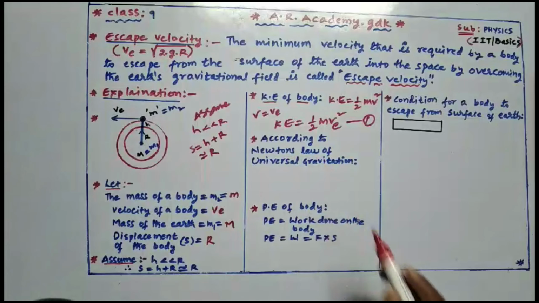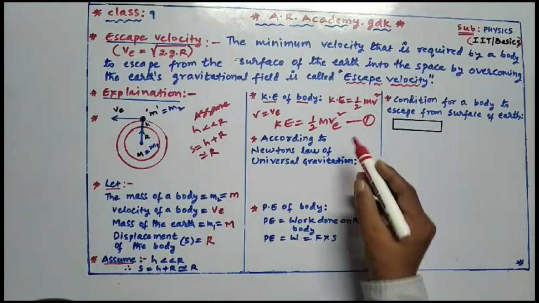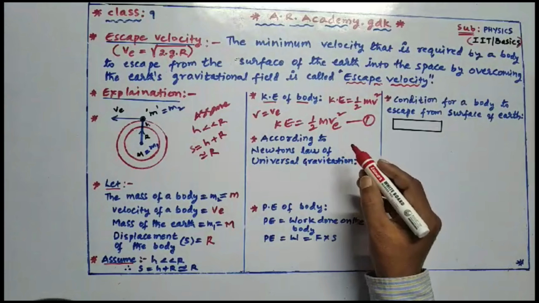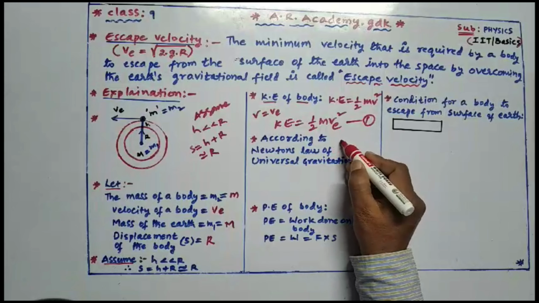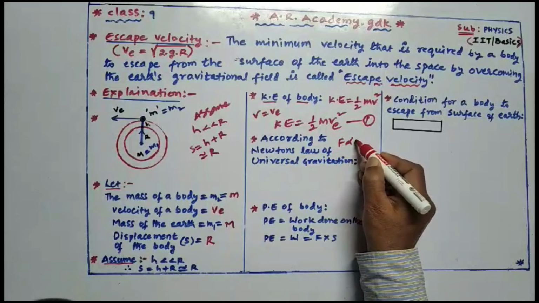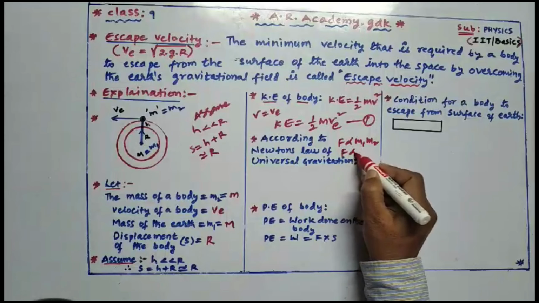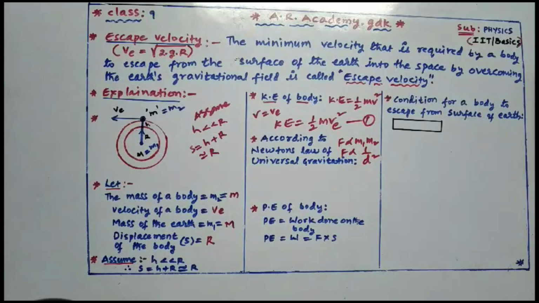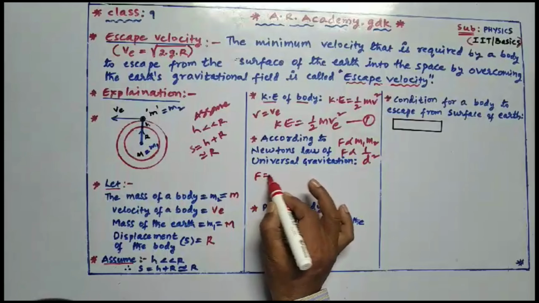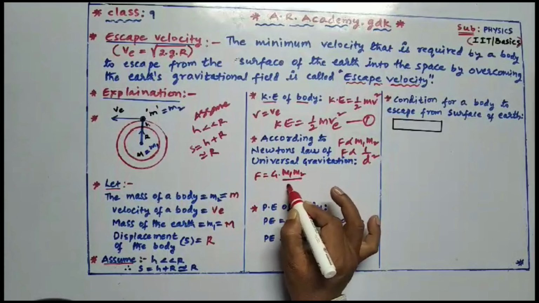According to Newton's law of universal gravitation, which you already studied, every mass will attract another mass. That force of attraction between them is directly proportional to the product of their masses and inversely proportional to the square of the distance. From this, we write one formula: F equals G M1 M2 by D square.